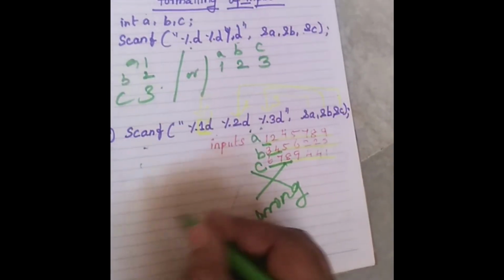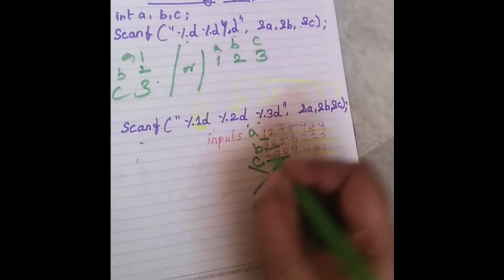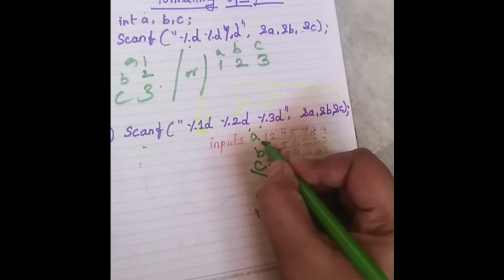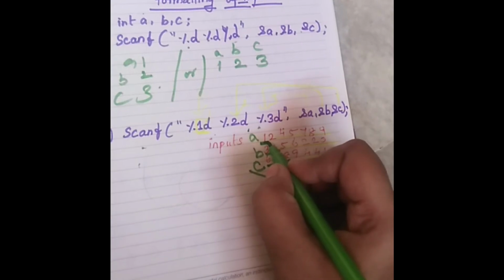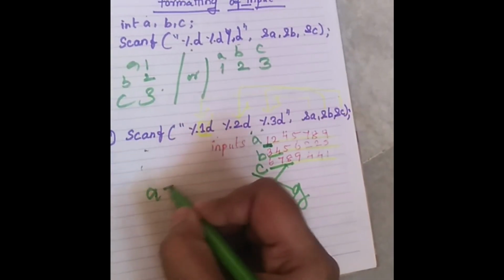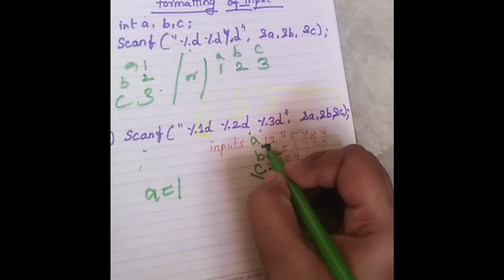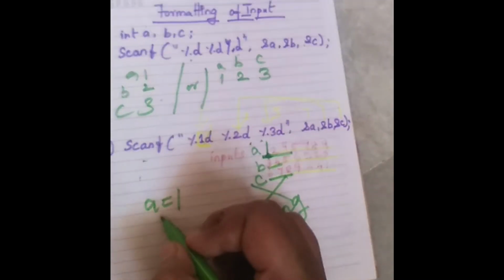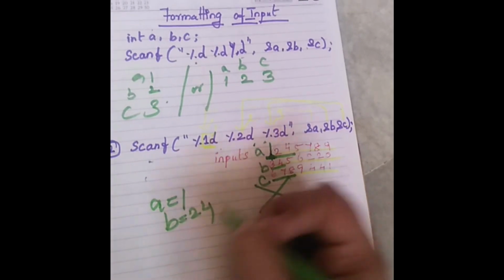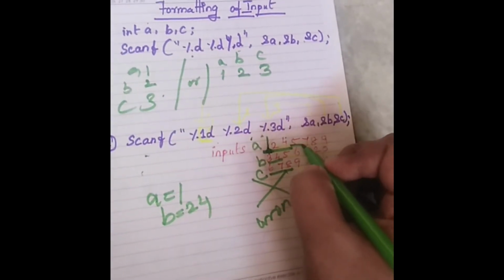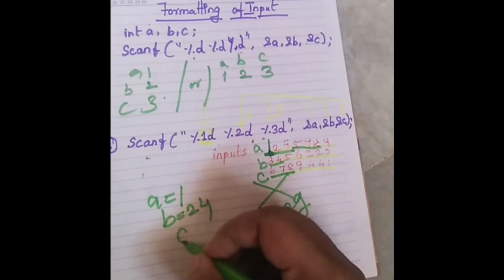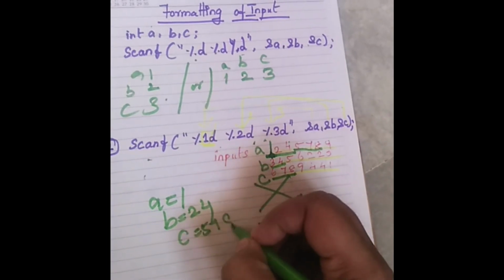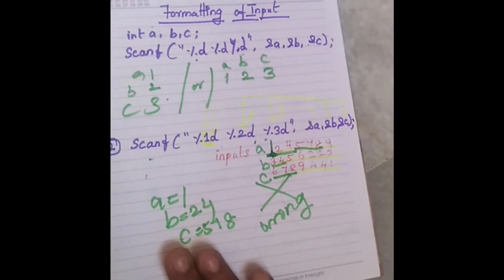For example, after reading 1, the next 2, 4 go to b, and for c, 5, 7, 8. So this is the way to read.